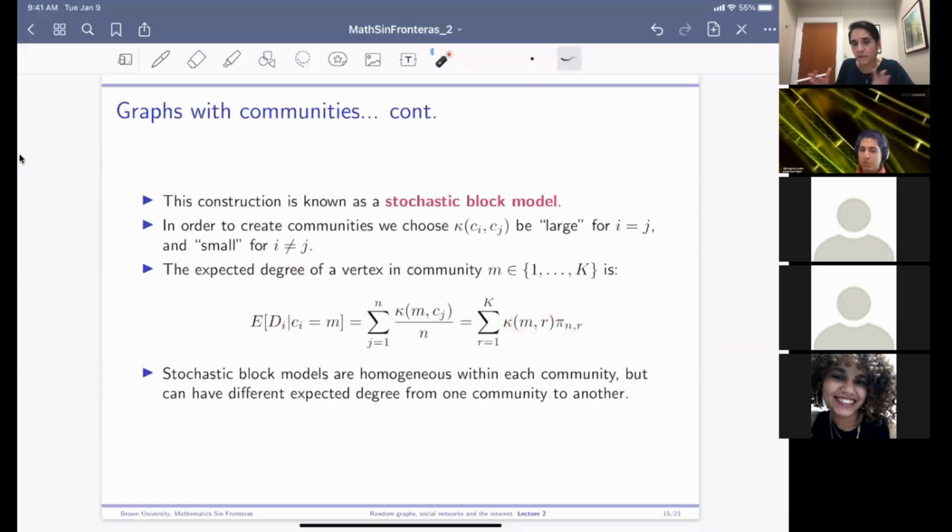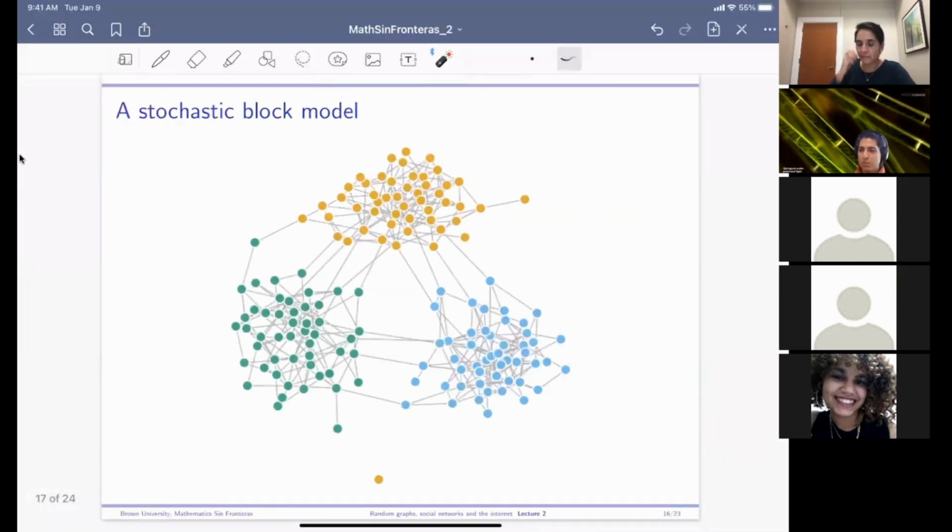It gives you a fair amount of flexibility to create interesting community structures for your graph, and we can use that to analyze many interesting properties about how vertices in the community communicate. Here's again a picture of a simulated graph using the stochastic block model with 3 communities.